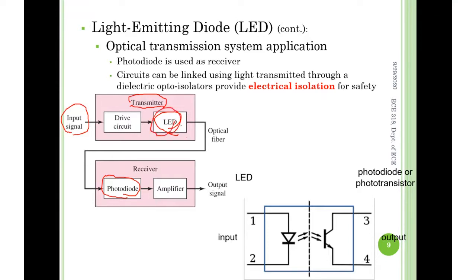The LED is emitting the light. The light goes through the optical fiber and reaches the receiver, which is nothing but a photodiode. The photodiode receives this light from the optical fiber and generates electric current. The signal is amplified to generate a big enough output signal to be received.